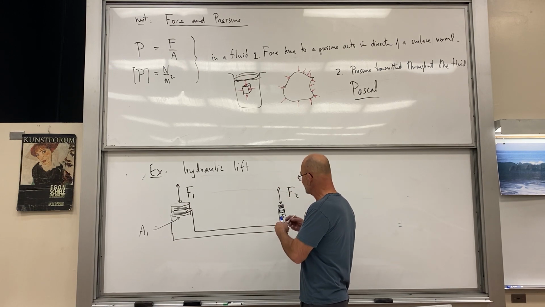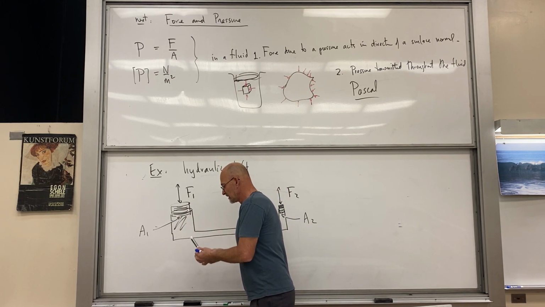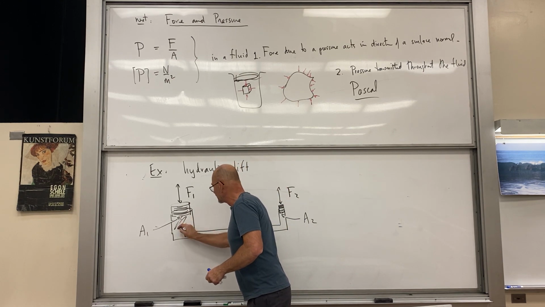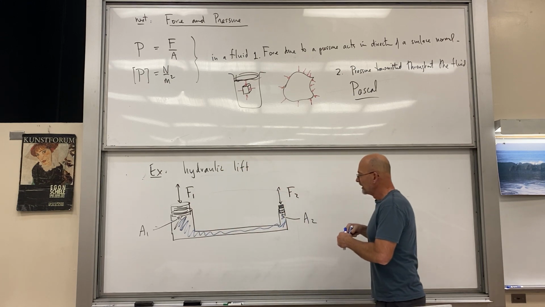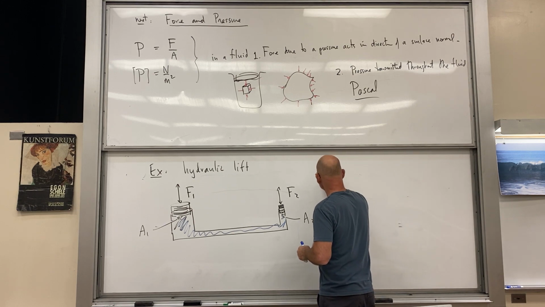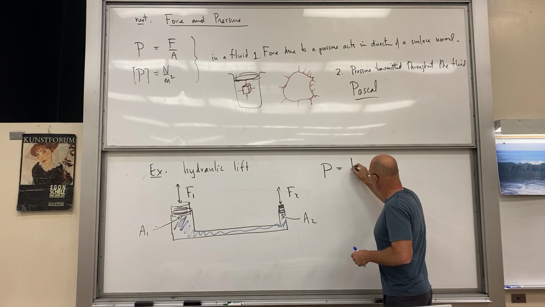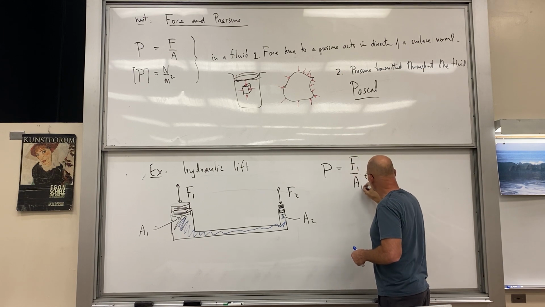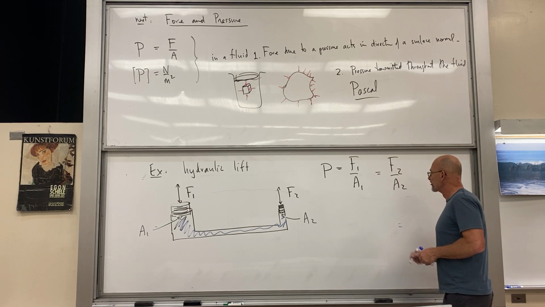So what we have is the fluid in here, and by this basic principle, the pressure, which is the same everywhere, is F1 over A1, and it's F2 over A2.